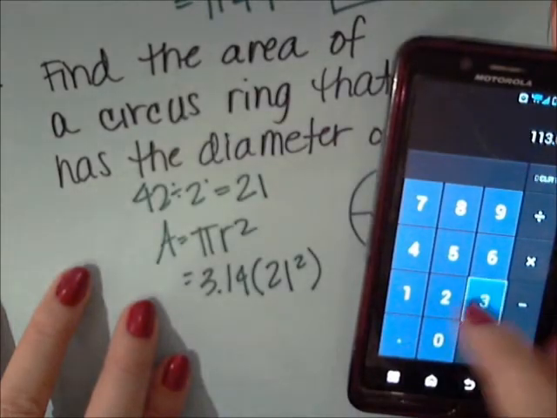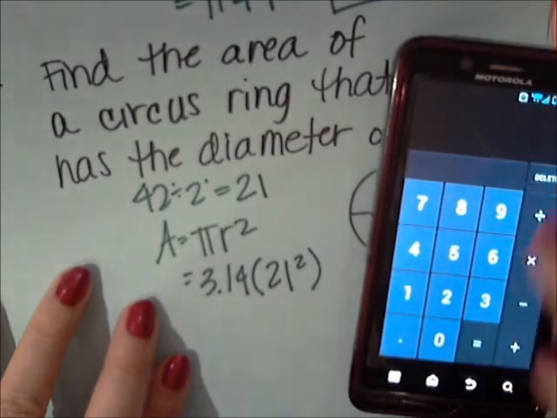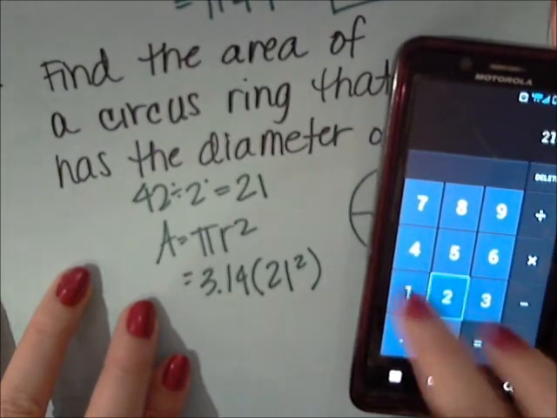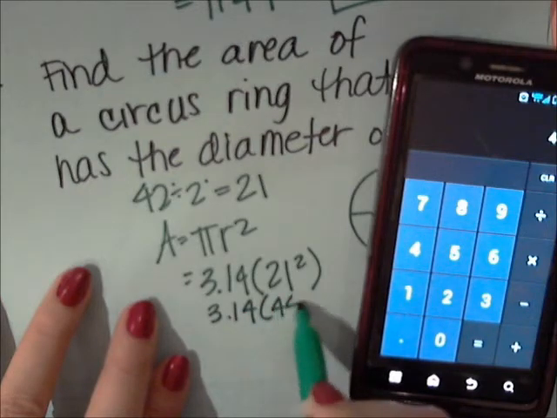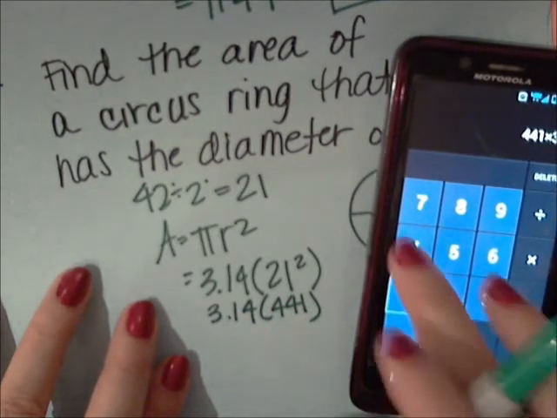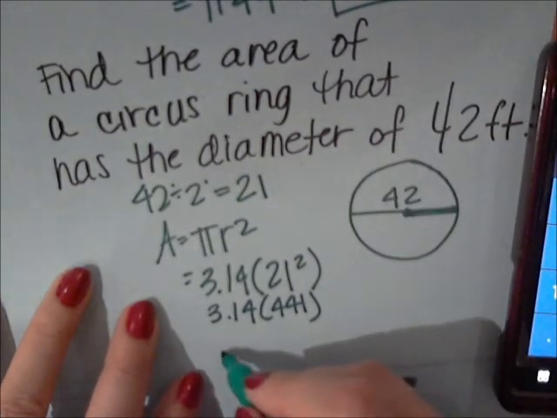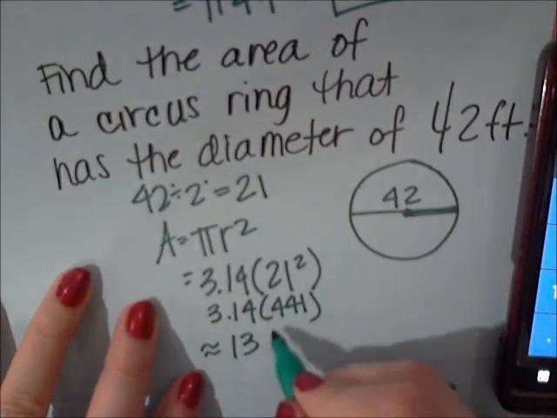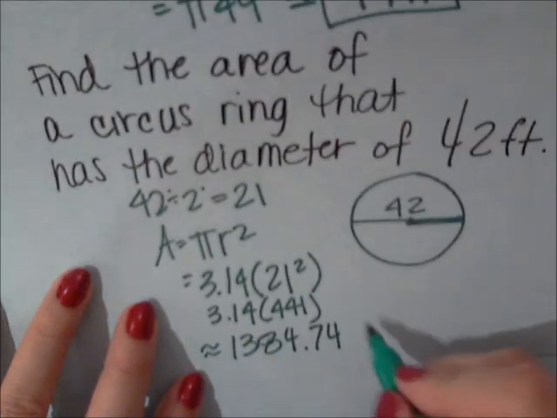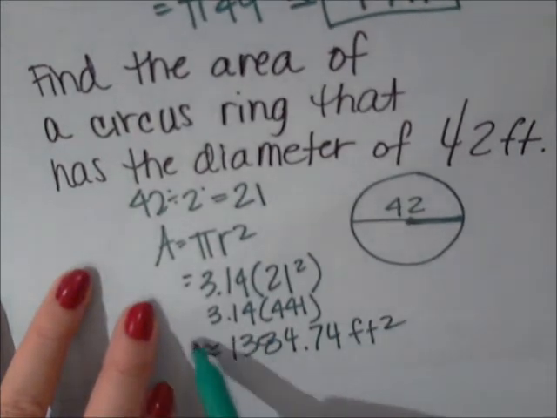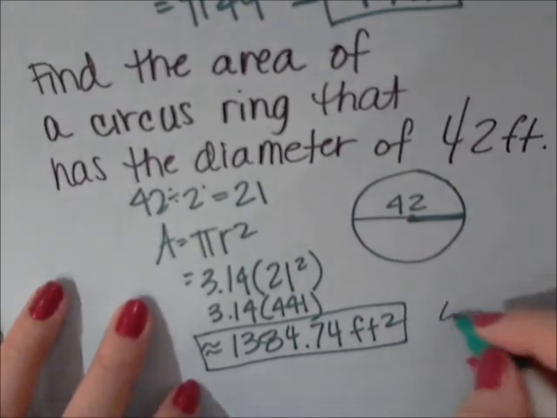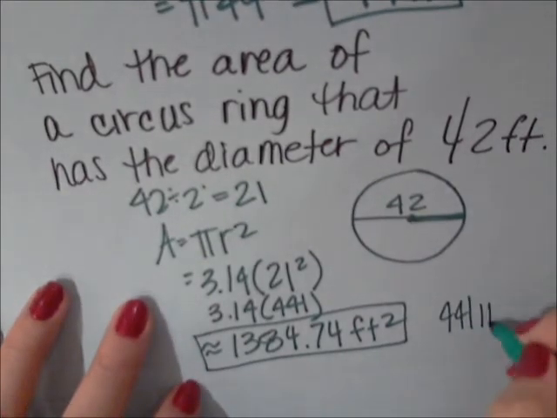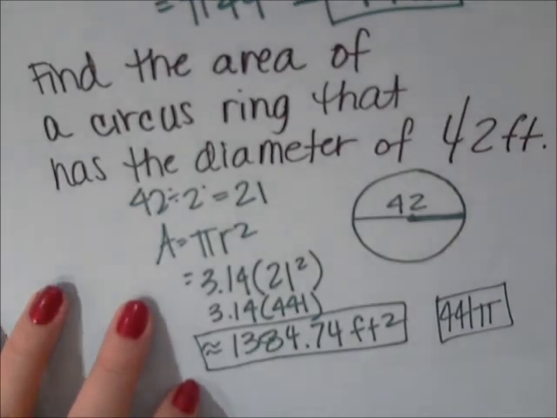Order of operations says I've got to do 21 times 21 first. So I go 3.14 times 441. That equals 1,384.74 feet squared. So that is our estimation as to the area of the circle. Now in terms of pi, I could have just written 441 pi. That is your exact answer.